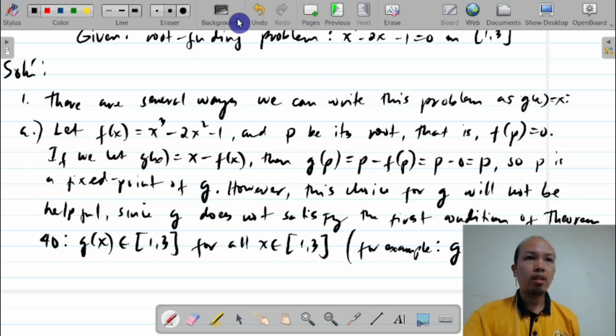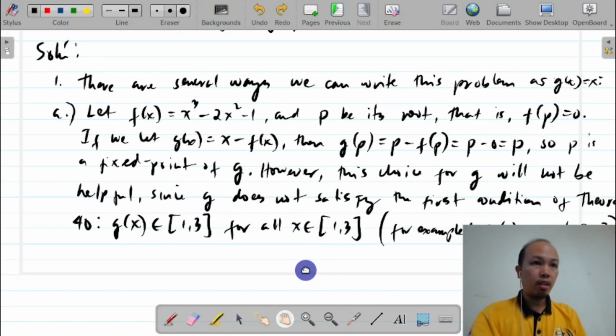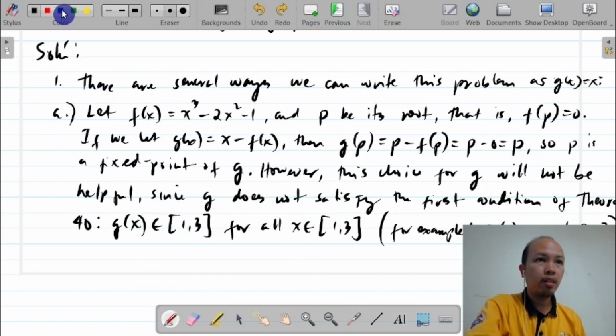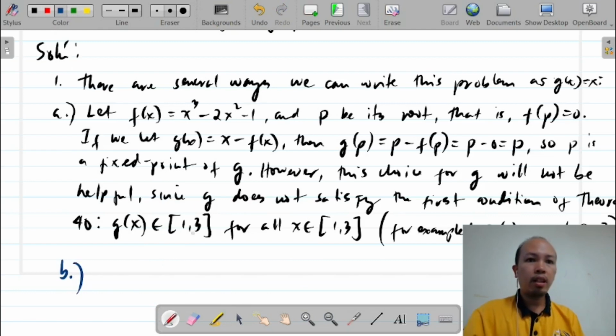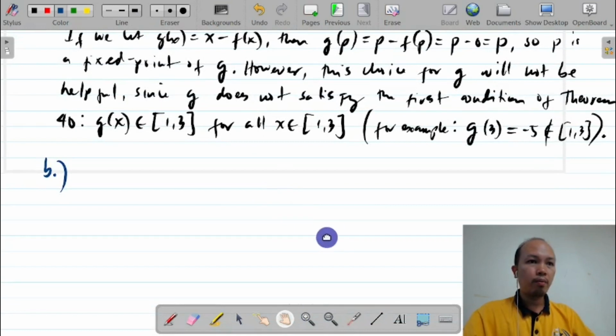Why is it that we use another way? Letter B. Remember that, as I've said, there are several ways we can write this problem as g of x is equal to x. Okay, so that's the reason.